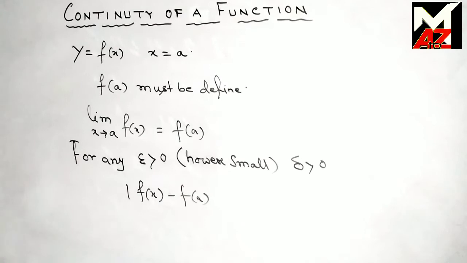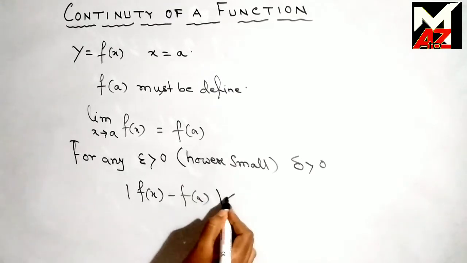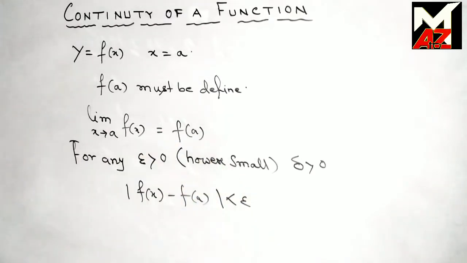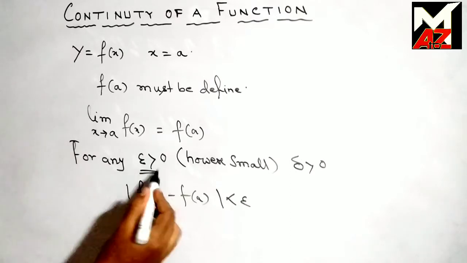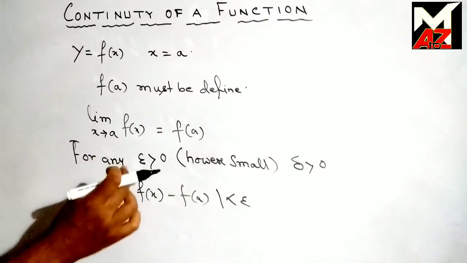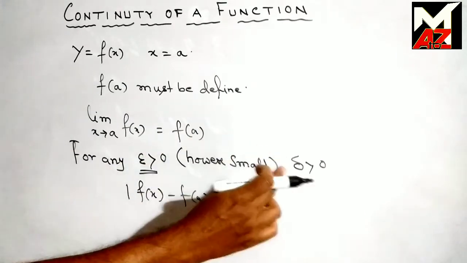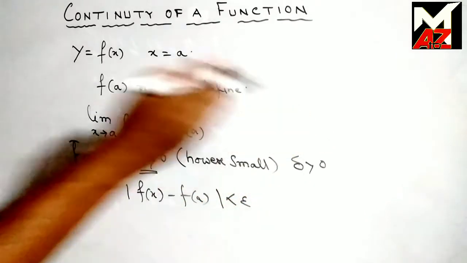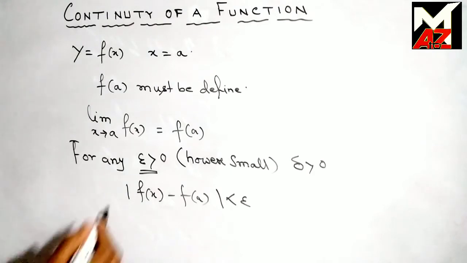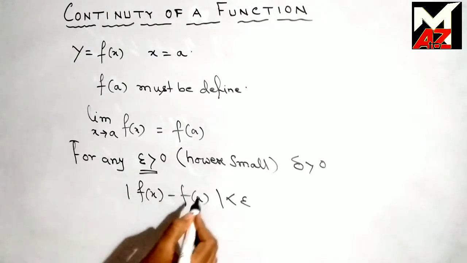This epsilon is pre-assigned because we first assign any epsilon greater than 0, then for this epsilon we get delta greater than 0.